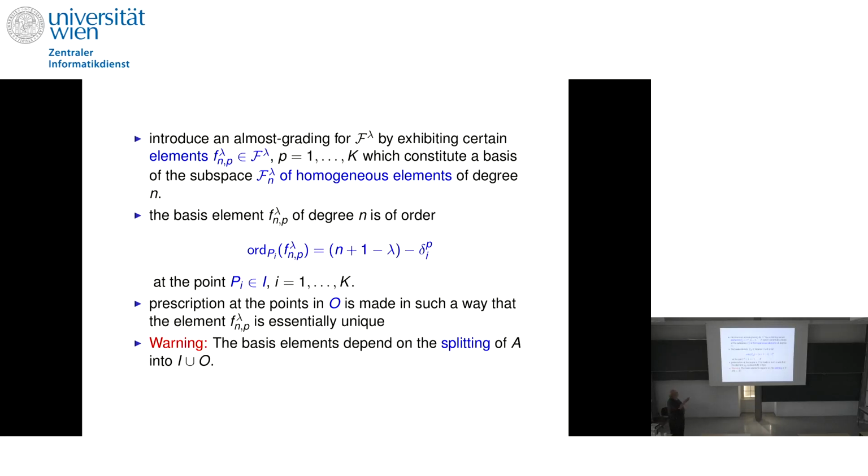Here we talk about f lambda n. This dimension is k, okay? But the big f lambda is the direct sum of this f lambda n, where I sum over n. If I now take an essentially different splitting, which is not just switching the roles of I and O, then I have the same algebra, but it will have a different decomposition. Okay, good.